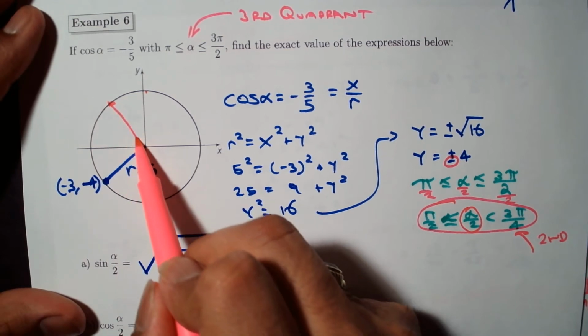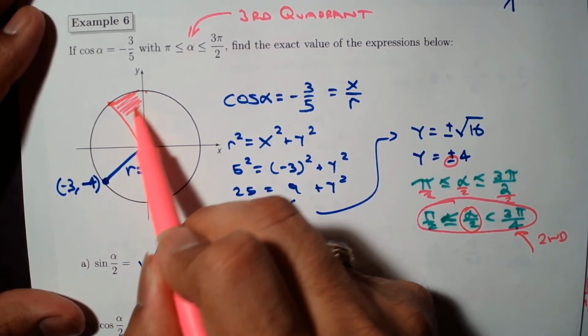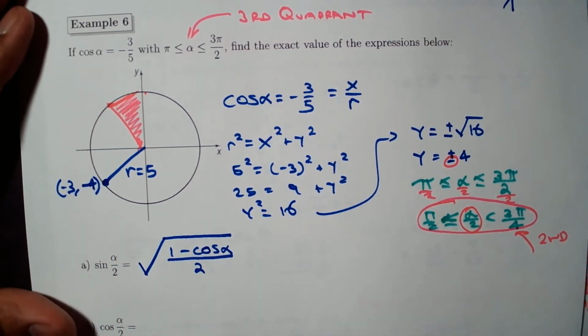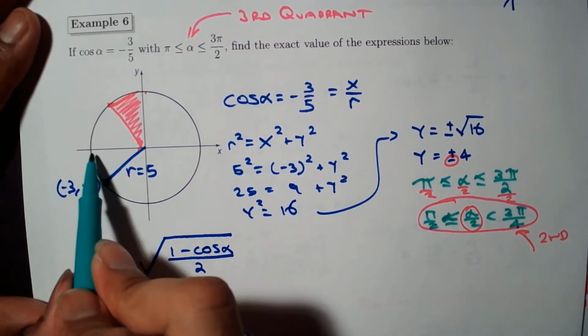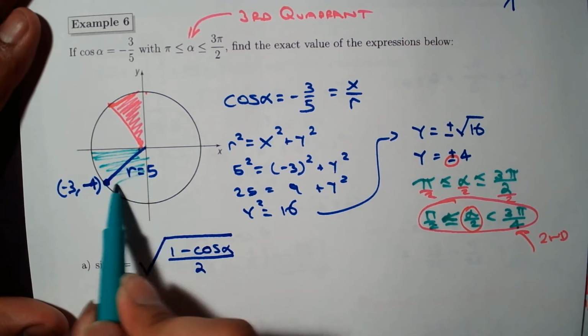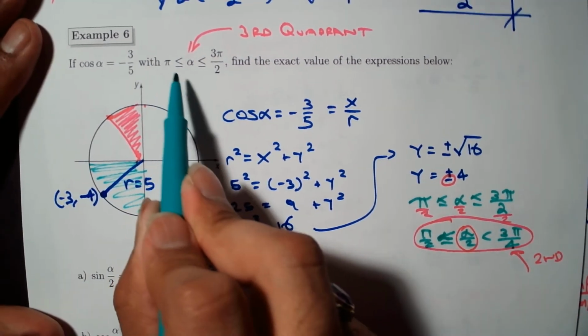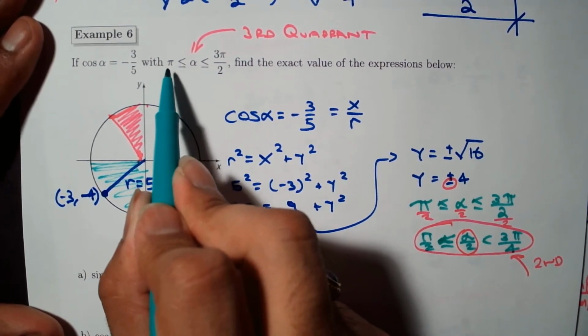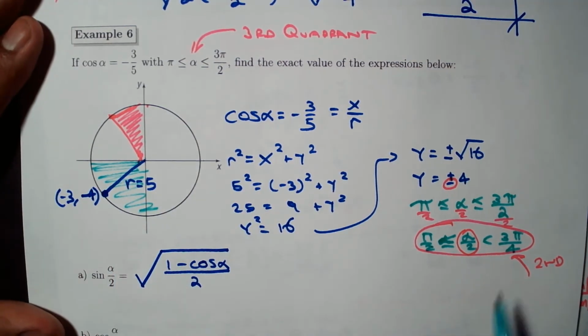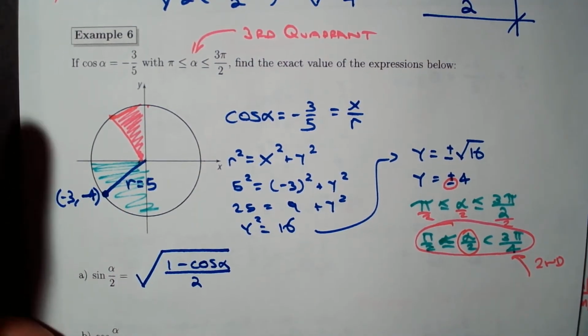We're talking about this region. This time we're going to work in this region. Initially, we were working in the region in which alpha lies between pi and 3 pi over 2. So we need to shrink this.